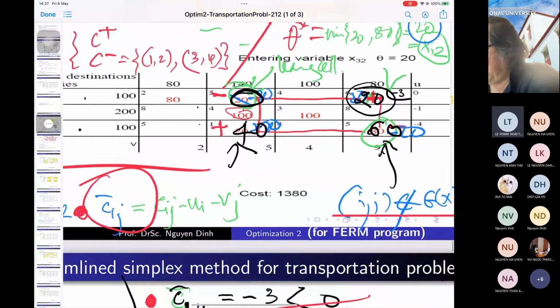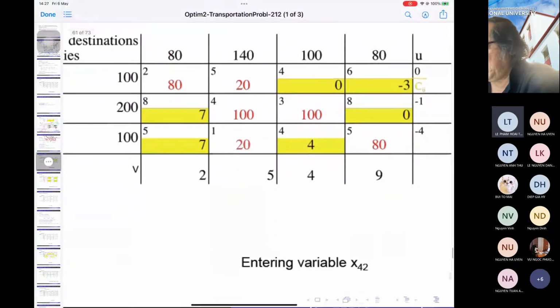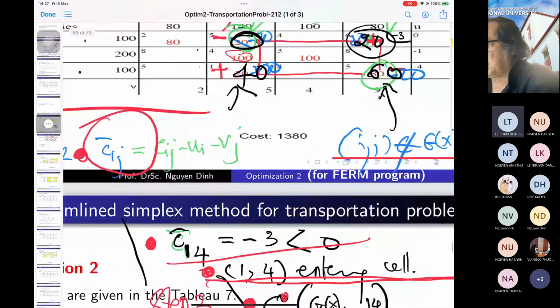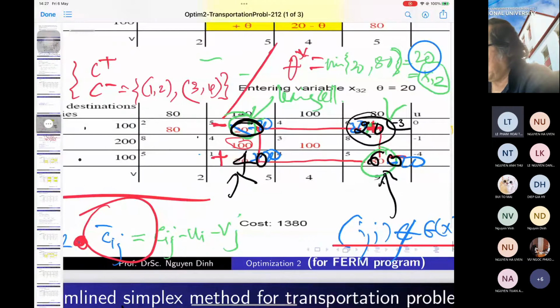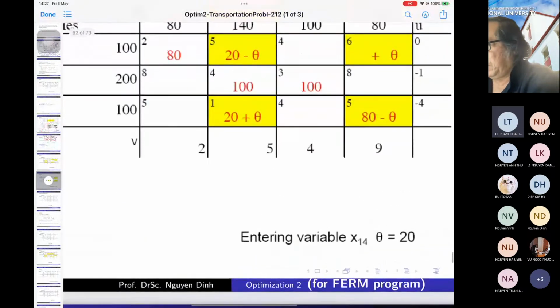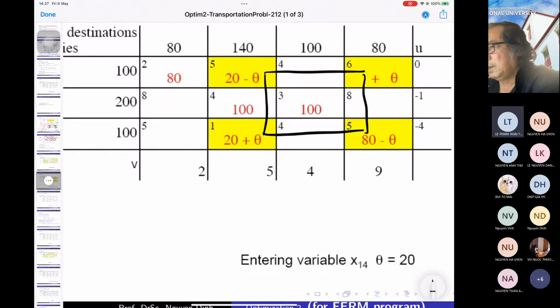And now you have the updated tree somewhere here. You see, the cycle is here. Is that okay?